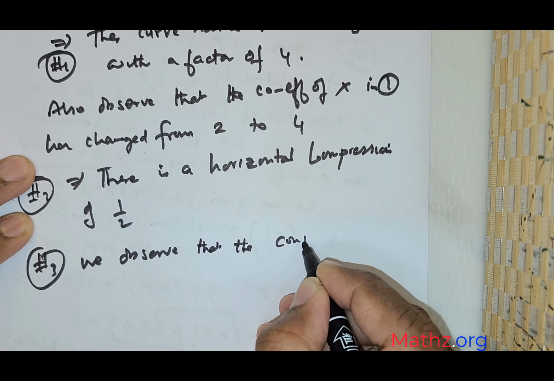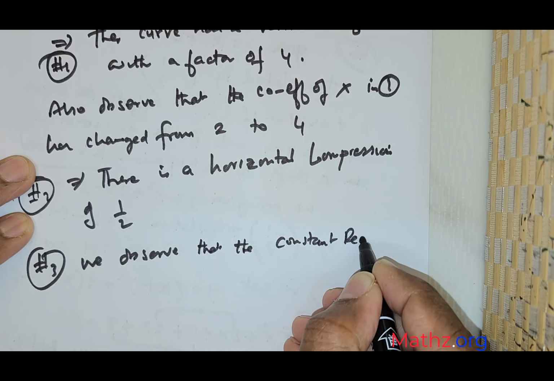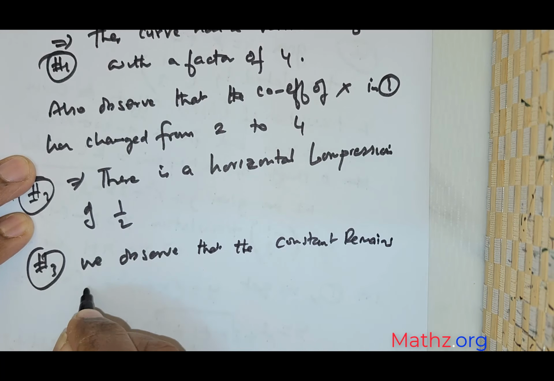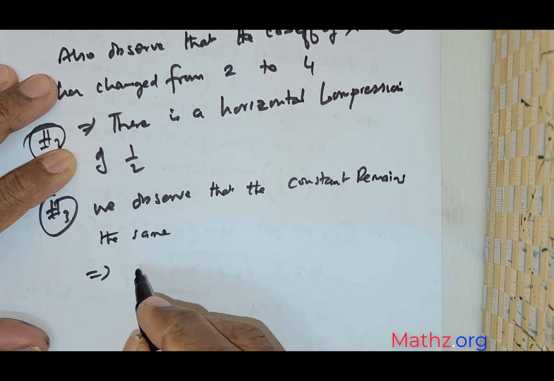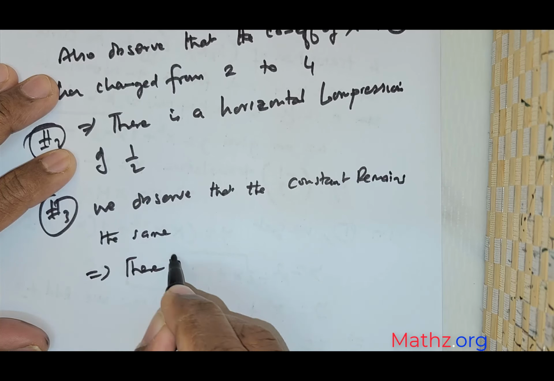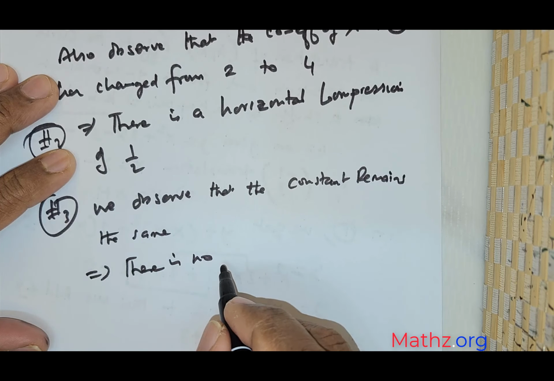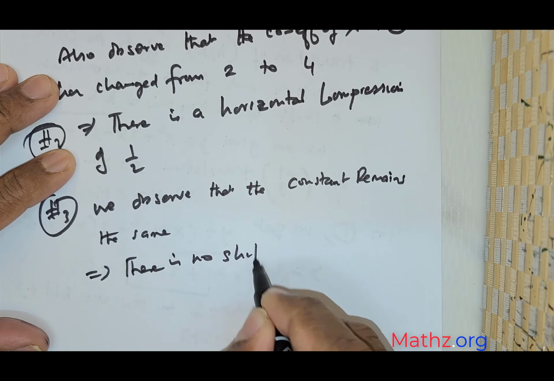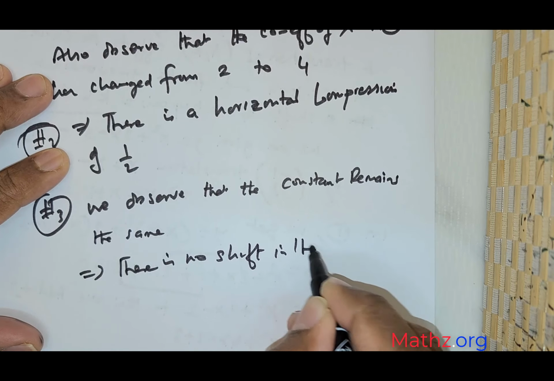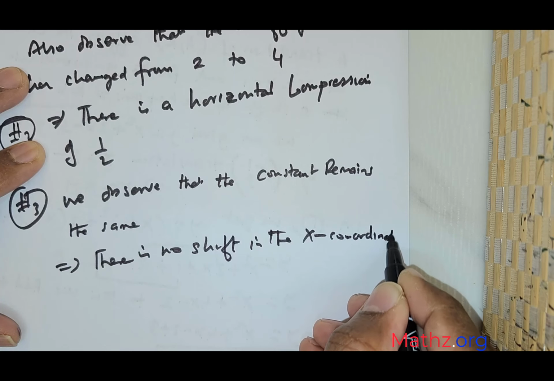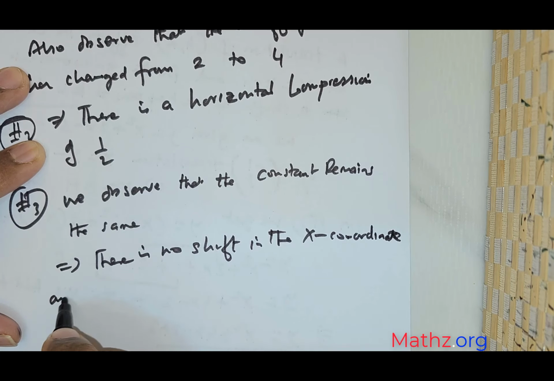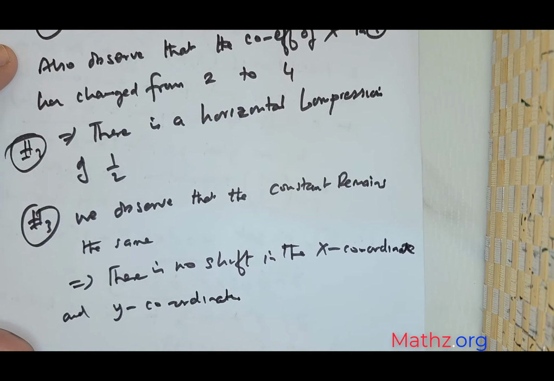The constant remains the same. So this would mean there is no shift, that's the best word. There is no shift in the x coordinate and y coordinate. So that is the conclusion for this question.